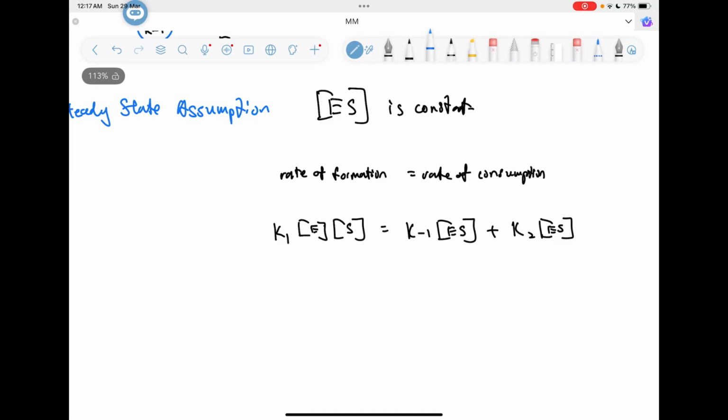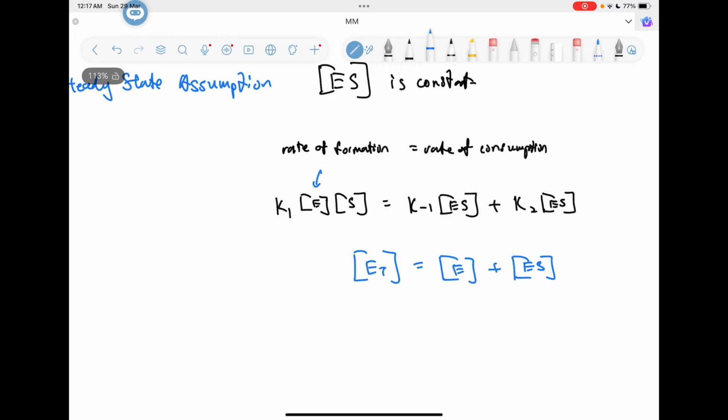So this equation, we will need to get rid of this term over here and represent it in some other way. So how we do that is, we have this equation that shows that the total concentration of enzymes will be equal to the concentration of enzyme that is not reacting plus the concentration of enzyme that has reacted to form the enzyme substrate complex.